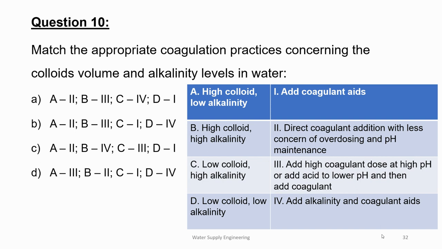And in column 2, we have 1, add coagulant aids. 2, direct coagulant addition with less concern of overdosing and pH maintenance. 3, add high coagulant dose at high pH, or add acid to lower pH and then add coagulant. 4, add alkalinity and coagulant aids. So match the columns appropriately.